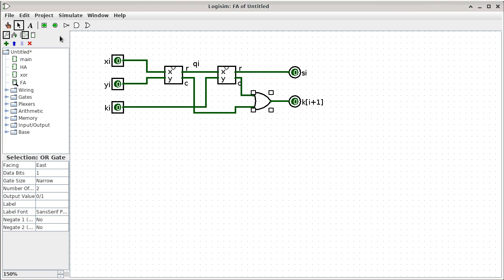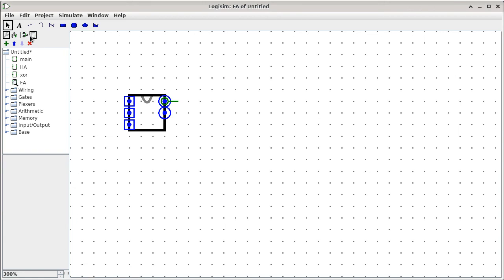I think that's enough. All right, so let's label these pins here. We got the sum. We got the carry out, C out. We got X, Y, and carry in.